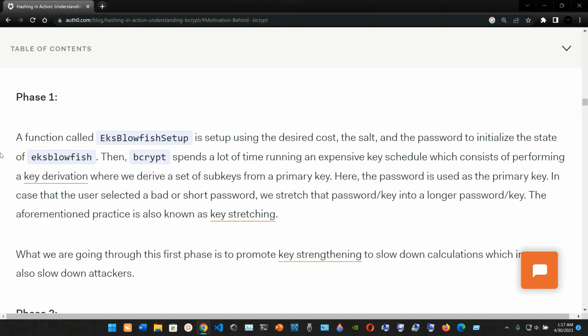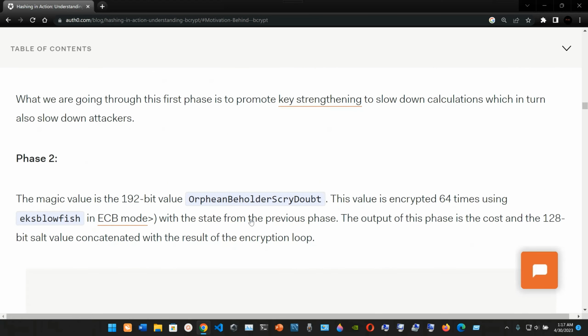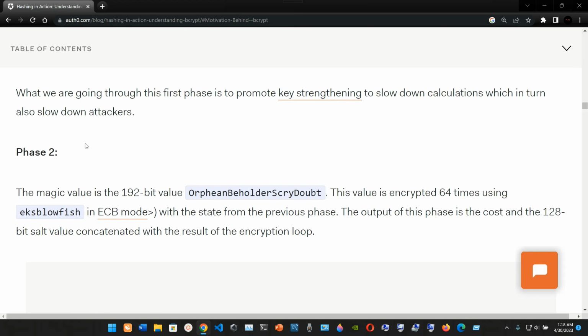In case the user selected a bad or short password, we stretch the password/key into a longer password/key. This practice is also known as key stretching. What we are going through in this first phase is to promote key strengthening to slow down calculations, which in turn also slows down attackers.